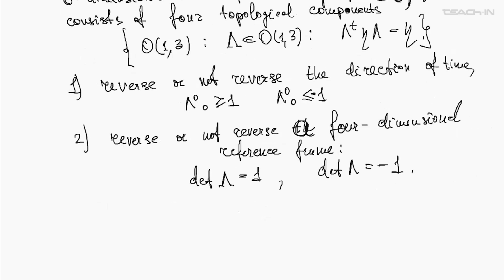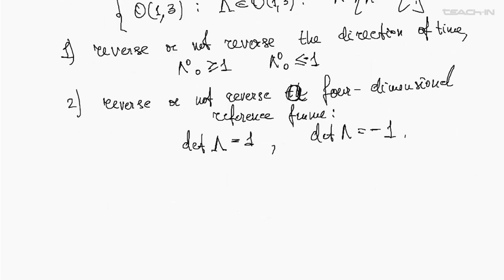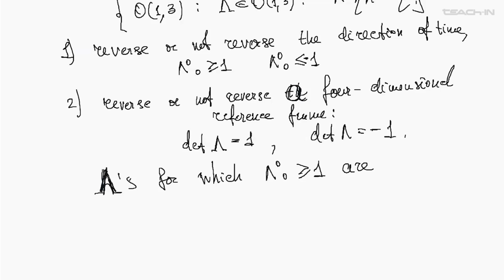Now, Lorentz transformations which preserve the direction of time, so lambdas for which lambda 0,0 is bigger or equal to 1, preserve the direction of time, and for this reason they are called orthochronous.